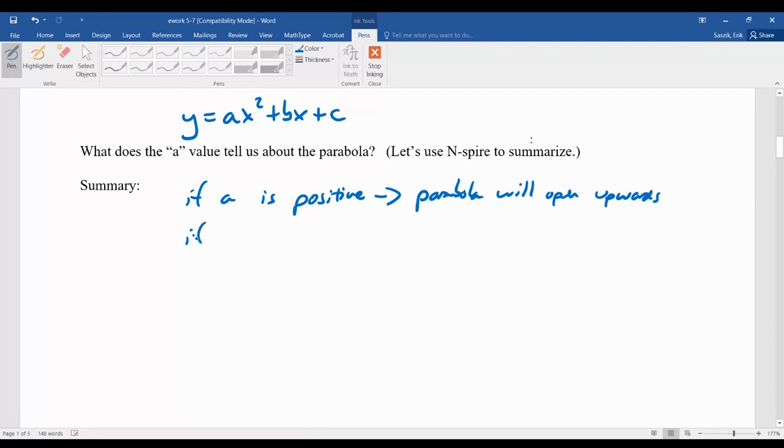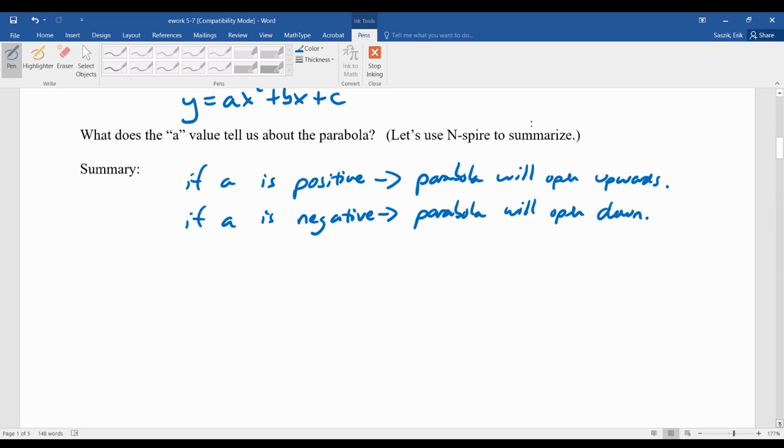And I'm sure you can guess, if a is negative, the parabola will open down. In that situation, that means the vertex is considered a maximum because it's at the top of your parabola.